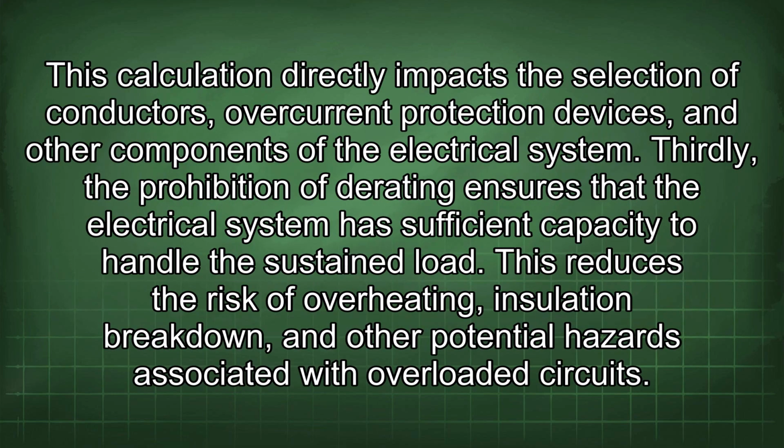This calculation directly impacts the selection of conductors, overcurrent protection devices, and other components of the electrical system. Thirdly, the prohibition of derating ensures that the electrical system has sufficient capacity to handle the sustained load. This reduces the risk of overheating, insulation breakdown, and other potential hazards associated with overloaded circuits.